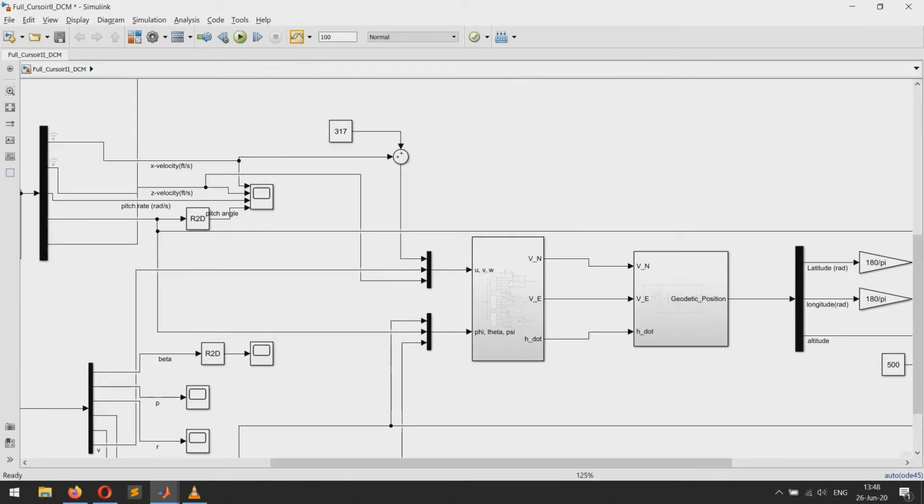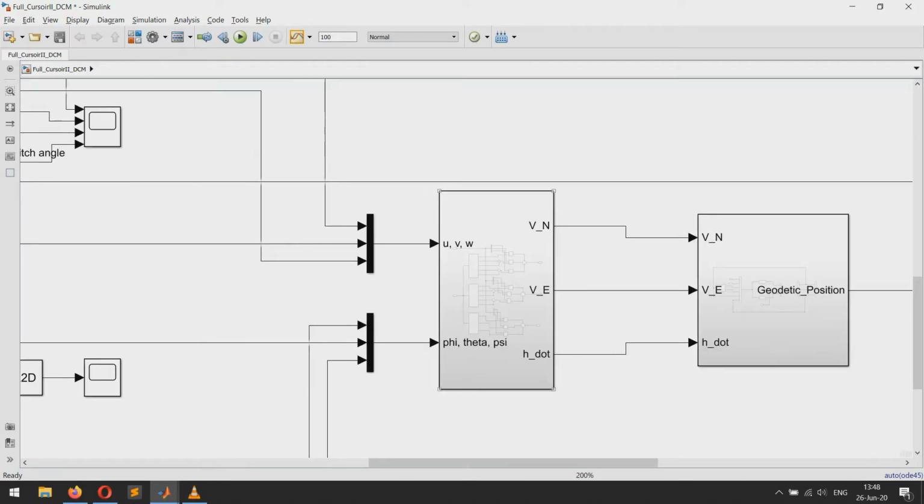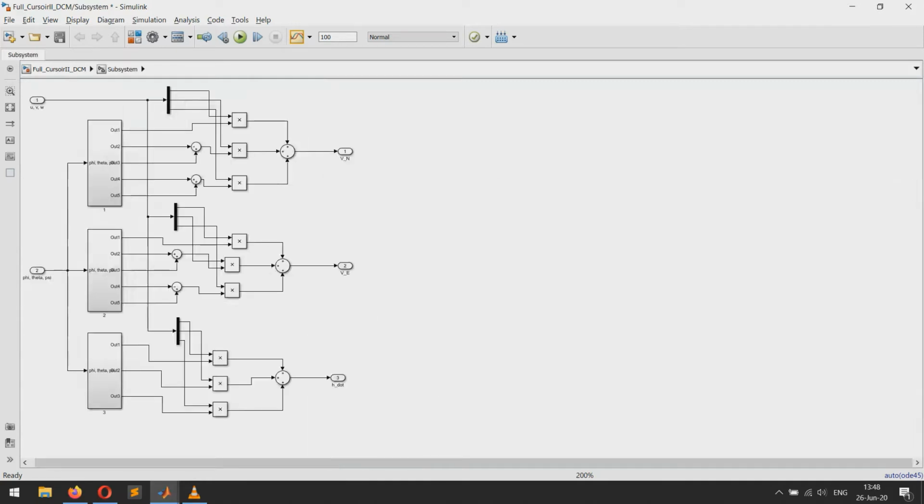As we can remember, our Y positioning is not correct, so we transform our body axis velocities and our angles to the earth axis. We did this job with this subsystem.